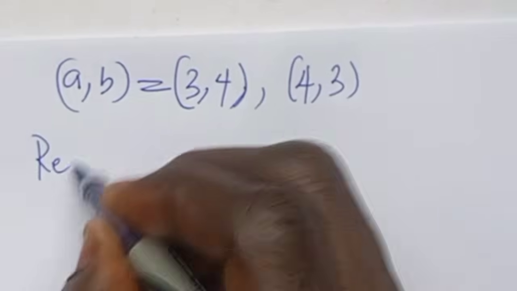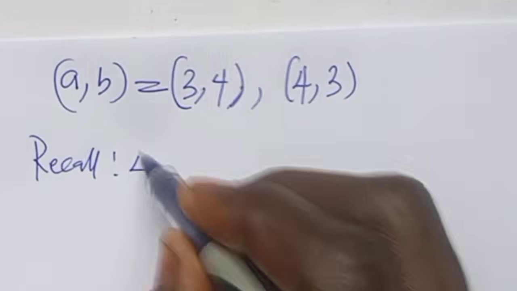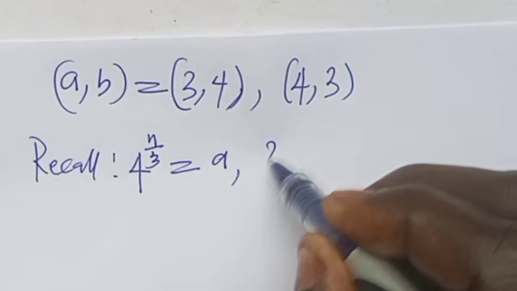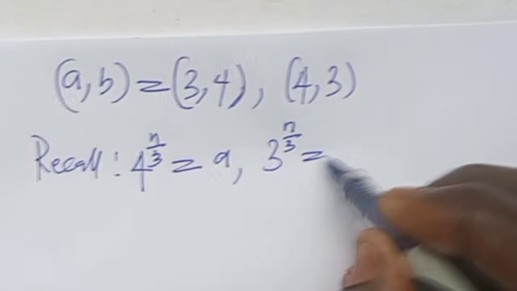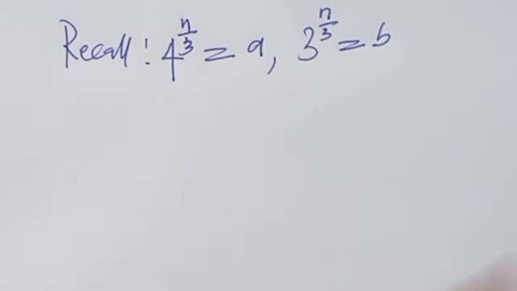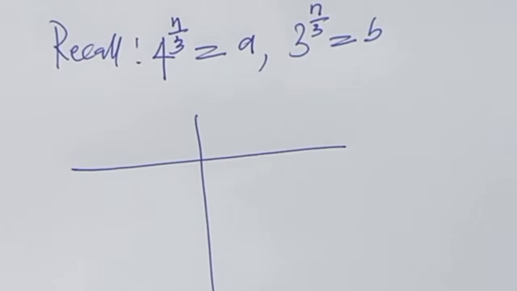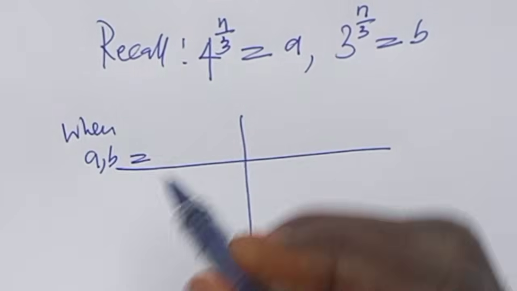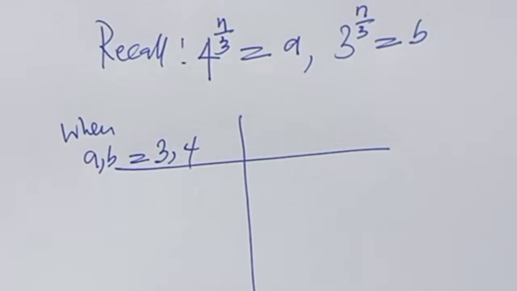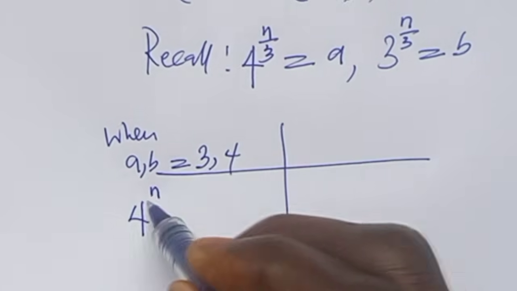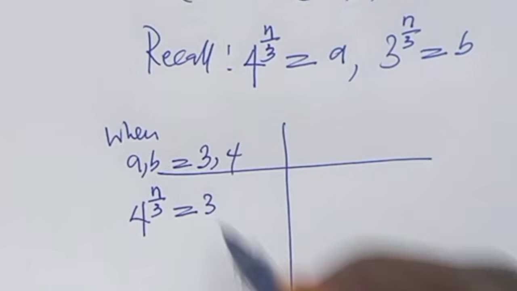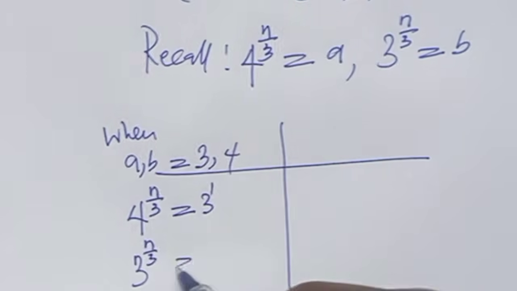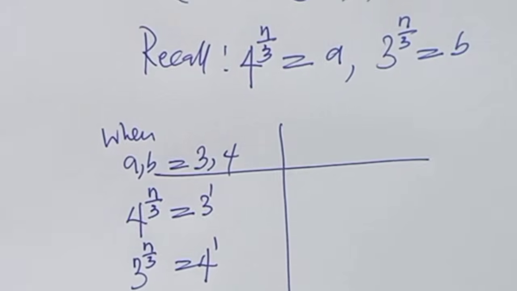But recall that 4 to the power of n over 3 was represented as a, and 3 to the power of n over 3 also was represented as b. And if we are going to do a simple analogy, when a and b are equal to 3 and 4 respectively, 4 to the power of n over 3 will be equal to 3 to the power of 1, and 3 to the power of n over 3 will be equal to 4 to the power of 1.